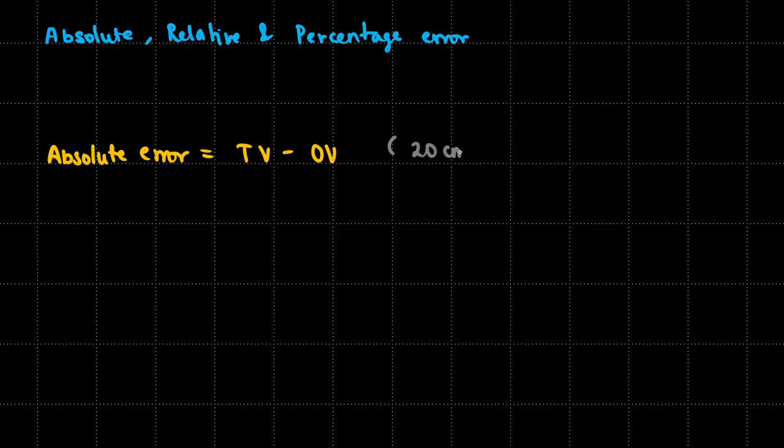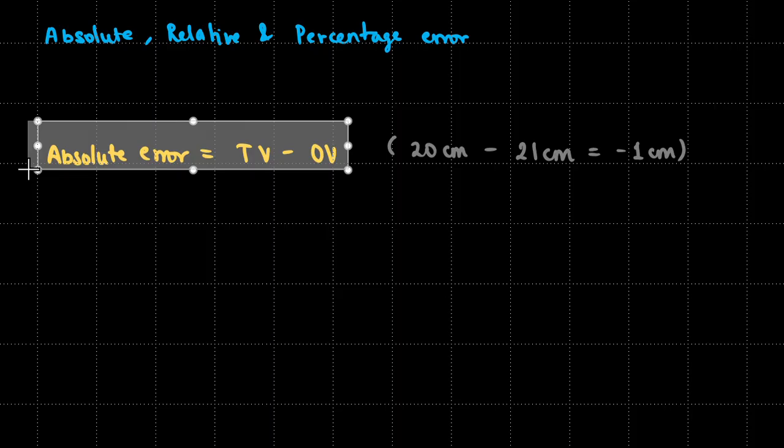Suppose I had a rod of 20 centimeter, which is the true value, and I found that the rod was 21 centimeter, then the absolute error will be minus 1 centimeter, which means if I subtract 1 centimeter from my observed value, I will get the true value. So this is the absolute error. It is the actual error that has occurred.